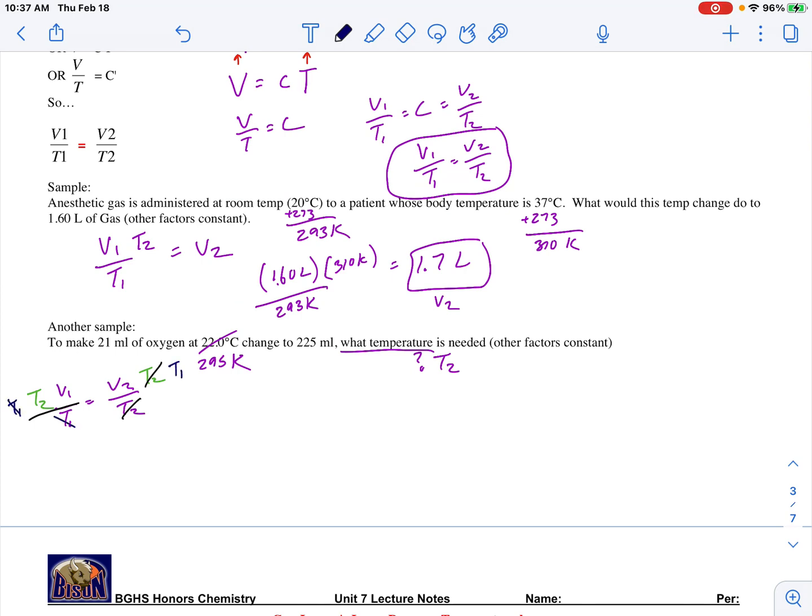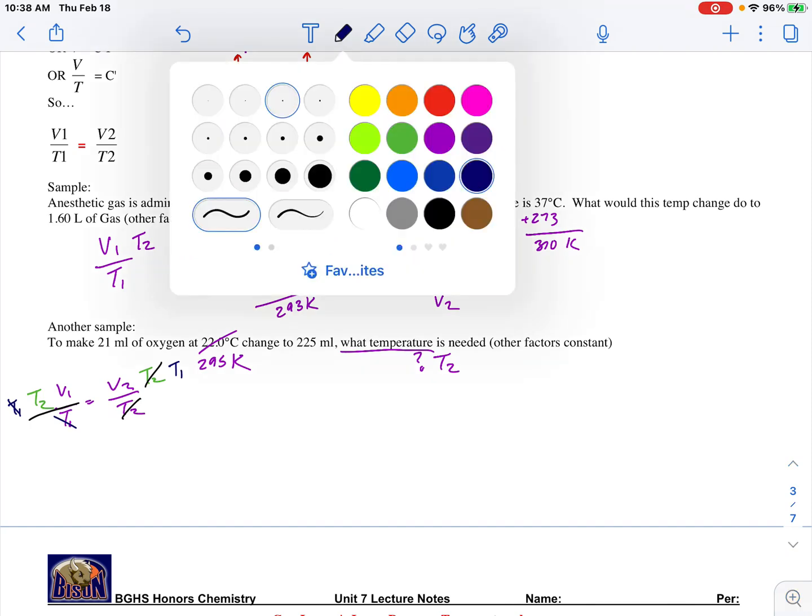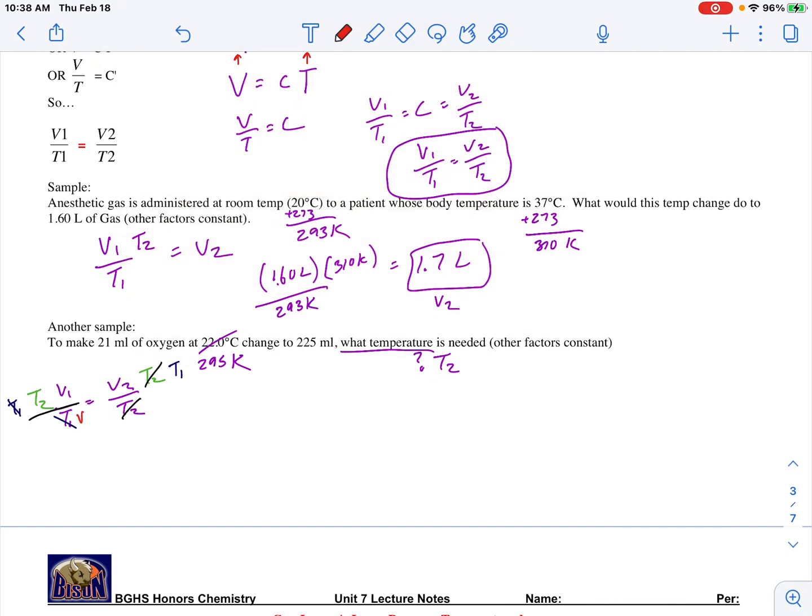T1 going up here will cancel the T1. And so one more step. We want to get rid of the V1, so let's divide both sides by V1. And this will then simplify to be T2 is equal to, well, what's left? T2 is equal to V2 times T1 over V1. So don't solve for variables in the denominator. You have to get them up into the numerator and isolate them.